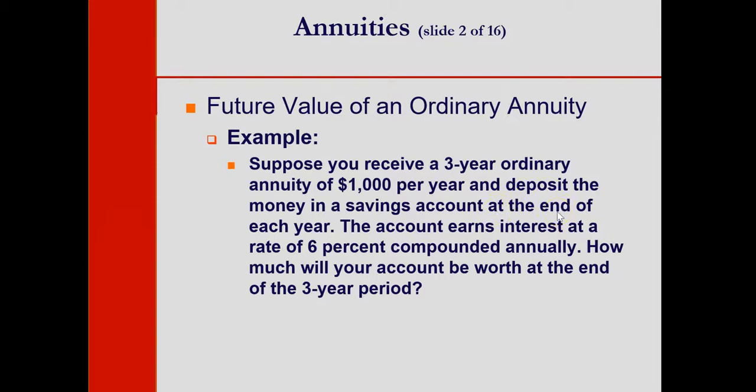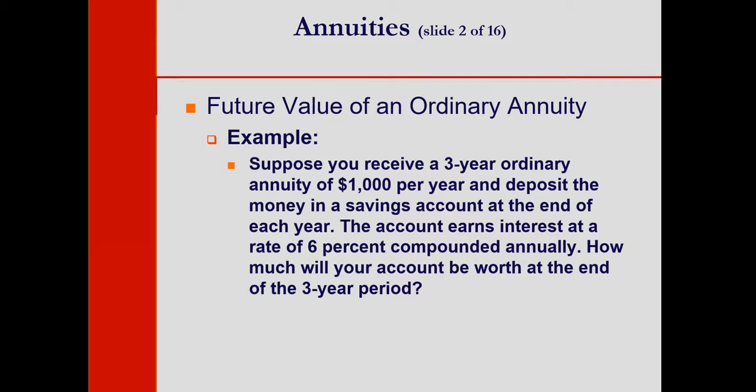So when the payments are at the end of every year, that means that is an ordinary annuity. The account earns interest at a rate of 6% compounded annually. So compounding frequency is annual. We'll talk more about the compounding frequency towards the end of this video. How much will your account be worth at the end of the 3-year period?